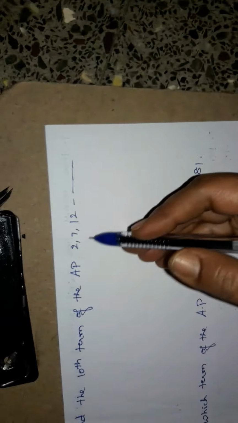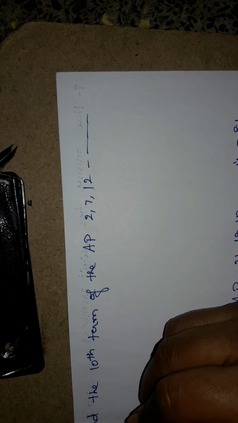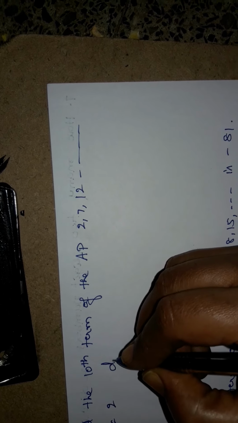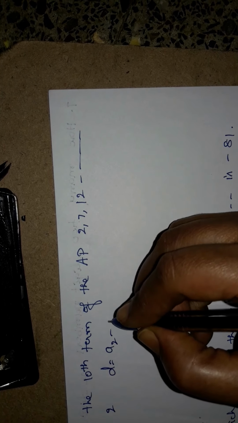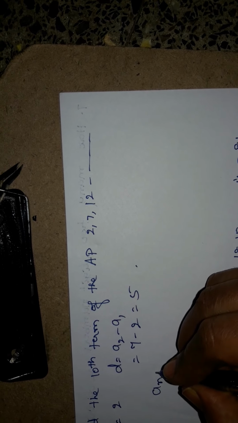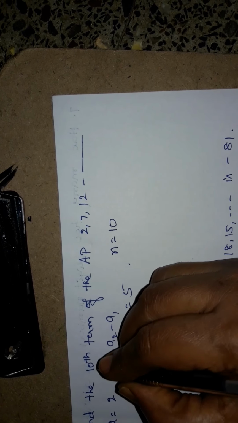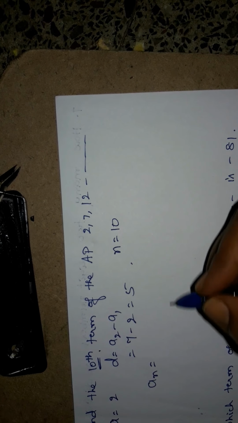See next question. Find the 10th term of an AP 2, 7, 12. We have to take A is equal to 2. D is equal to A2 minus A1. A2 minus A1 is 7 minus 2 is equal to 5. Write the formula, nth term formula. An equals, here n is equal to 10. They are given, 10th term means n equals 10.